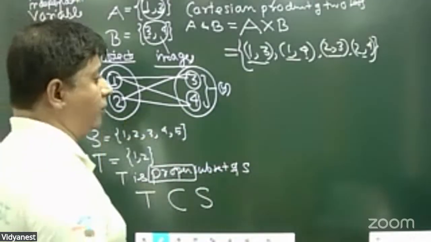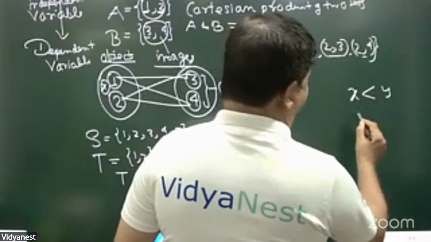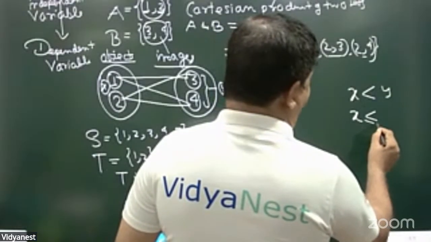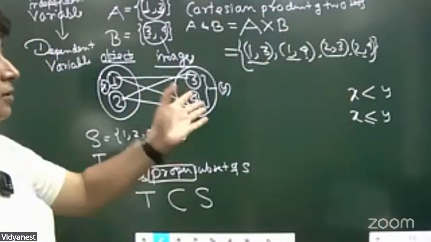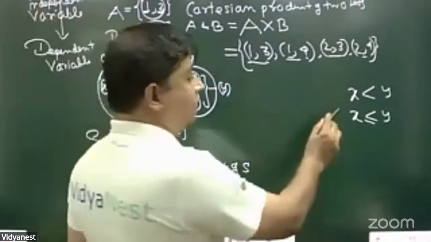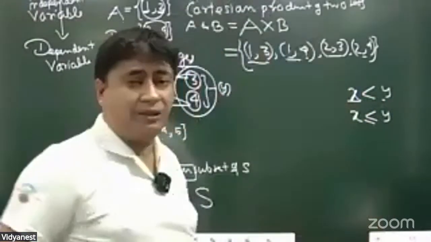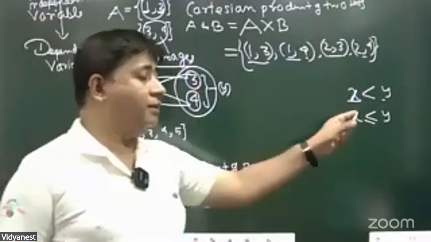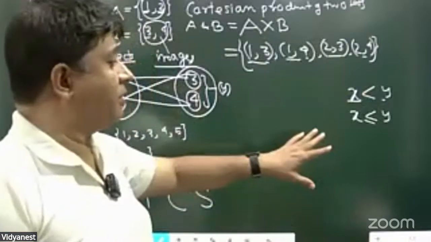Like you are taught x strictly less than y, and x less than or equal to y. Here strictly less than y means there is no scope of equality, but less than or equal to y means there is a scope of equality.